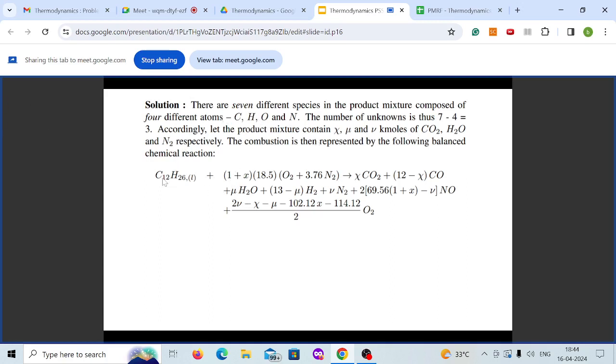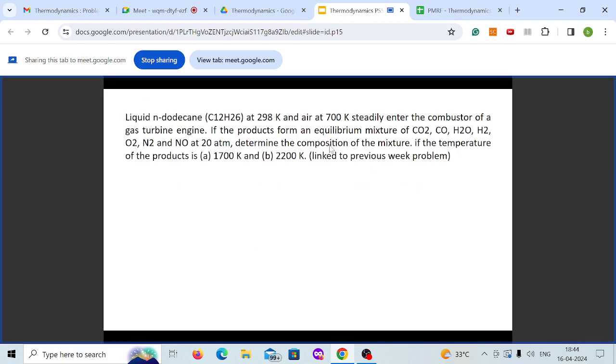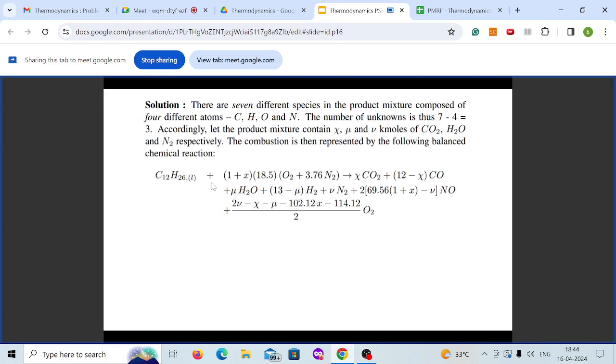For that, you are assuming 1 kilomole of liquid dodecane, C12H26, reacting with 18.5. This is from the previous week, where we found out that 18.5 is the stoichiometric value of air. It is reacting with an excess amount of air, so 1 plus x into 18.5, which is more than the stoichiometric value.